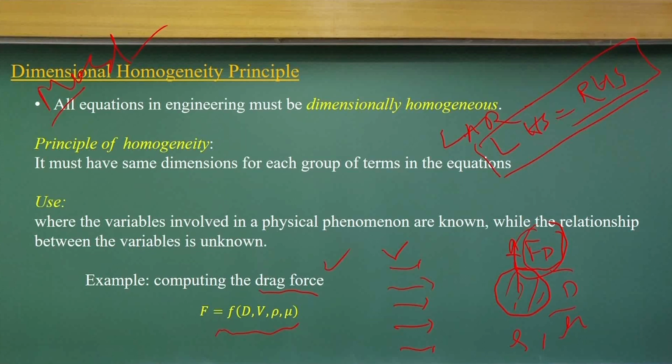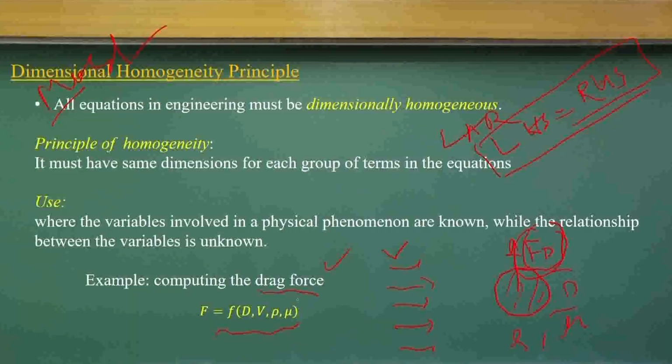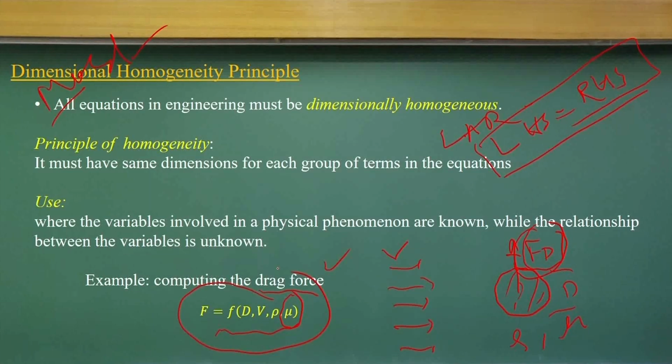The drag force in oil will be different compared to drag force in air, so mu takes care of what type of drag force there will be. D also matters, whether you have a bigger or smaller diameter. So the drag force is a function which we do not know, a function of the diameter, the velocity of the flow, the density and the dynamic viscosity.